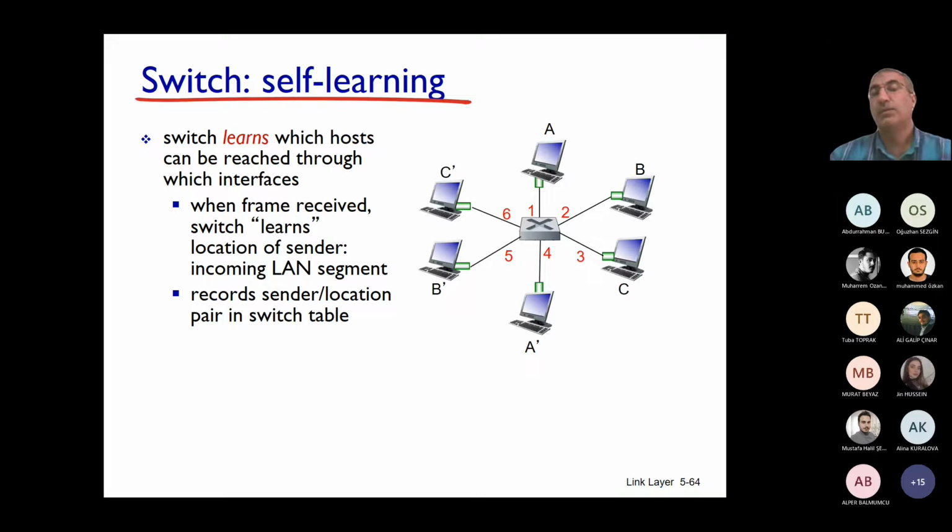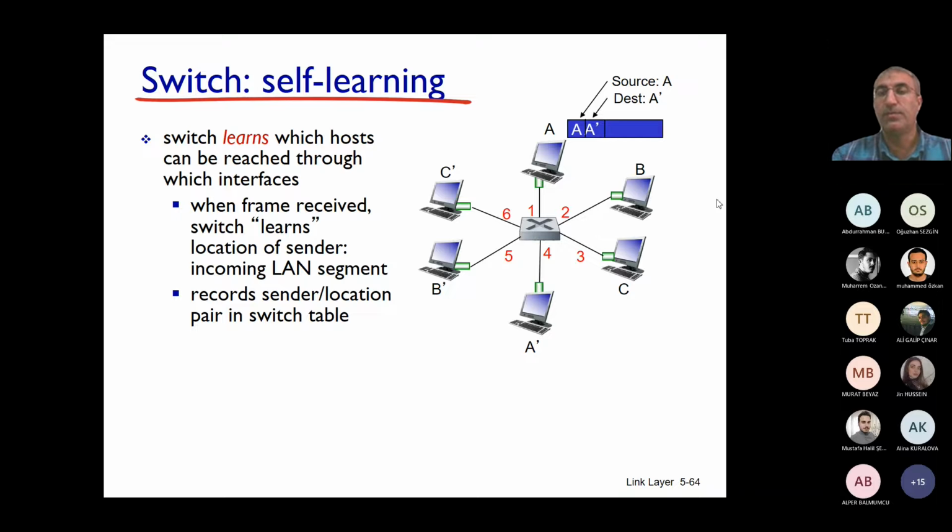We said that the switch is plug and play and it has self-learning. You don't have to configure such a device. So the switch learns which host can be reached through which interfaces. Of course, when you plug it in, it starts to receive the frames from each host and starts to learn from the location of the sender. And then it records this sender location pair in the switch table. Let's look at an example.